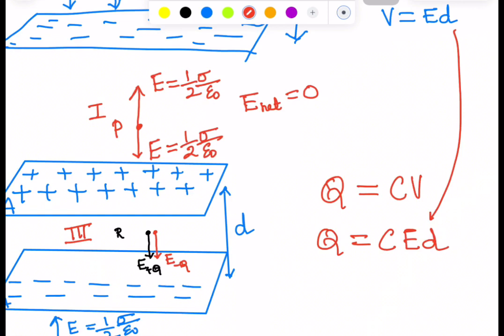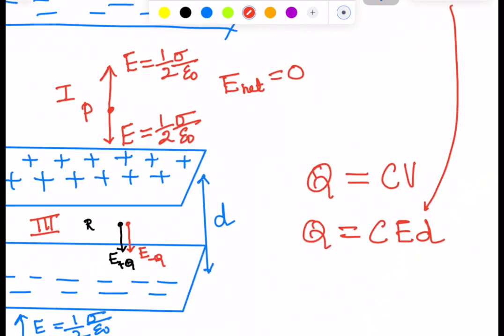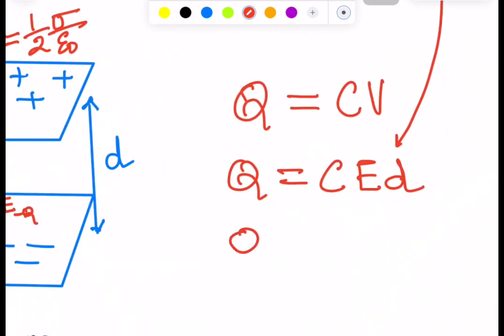This derivation can be done in different ways. No problem, you can just follow one particular method. Now Q is equal to C into E into d.